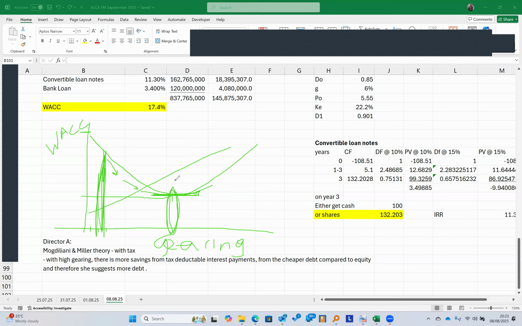But as soon as we see it start to increase, we have to maintain at that optimum level, such that we do not increase our gearing beyond that point, because the cost of capital will start to increase. Those are the two views that these directors have.